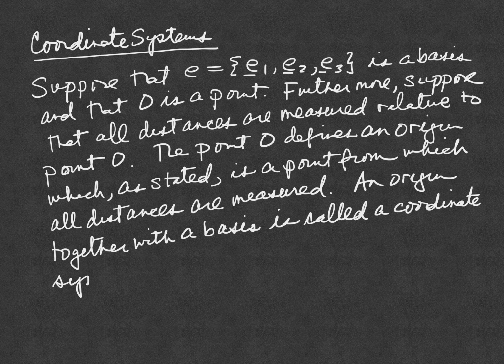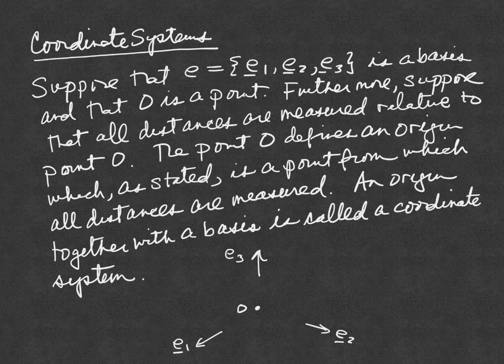Now, it doesn't look much different from just a basis itself, but really what we've got is a point O, from which all distances are measured. We have these basis vectors, which are schematically E1, E2, and E3.